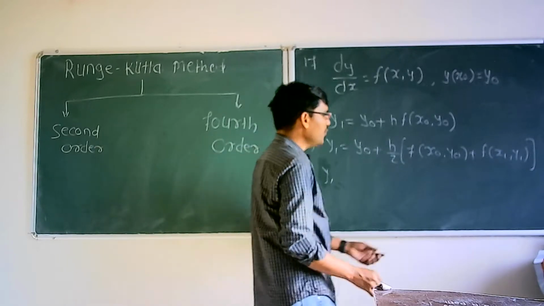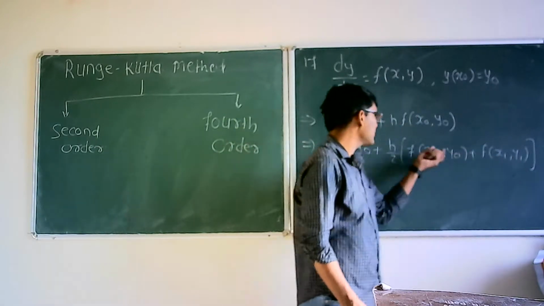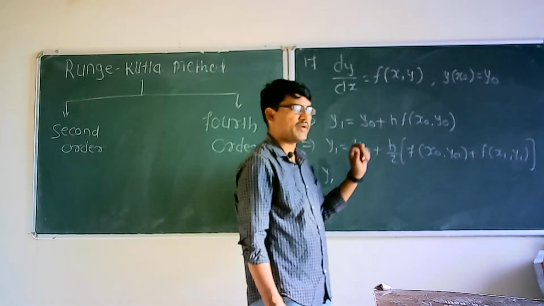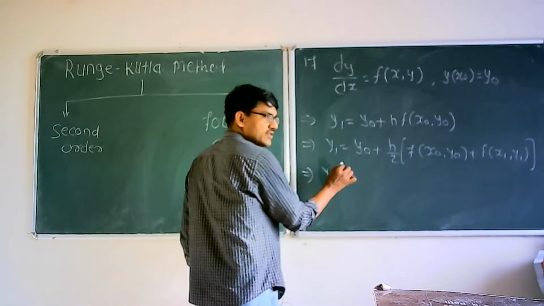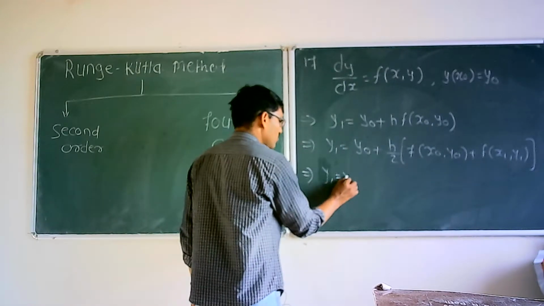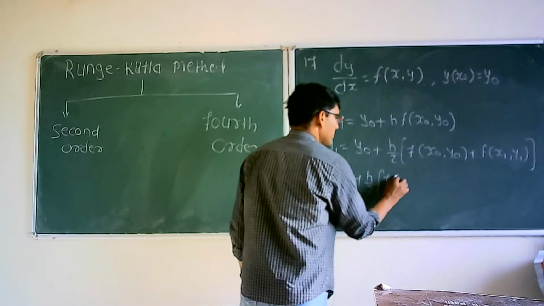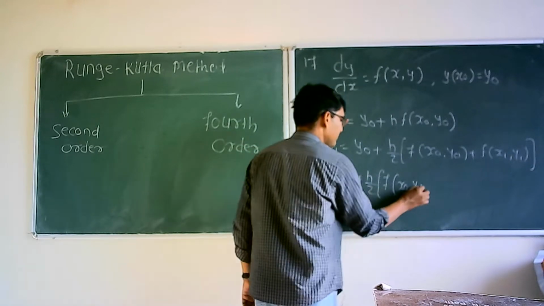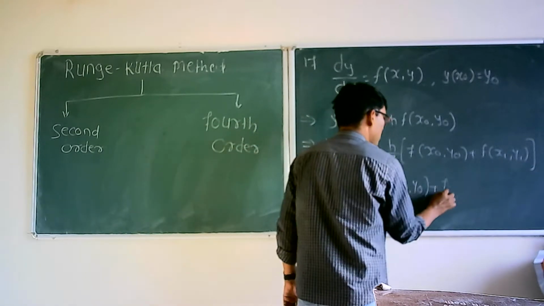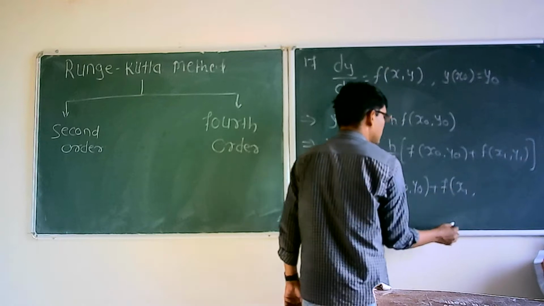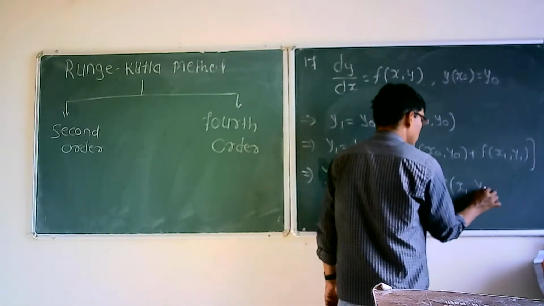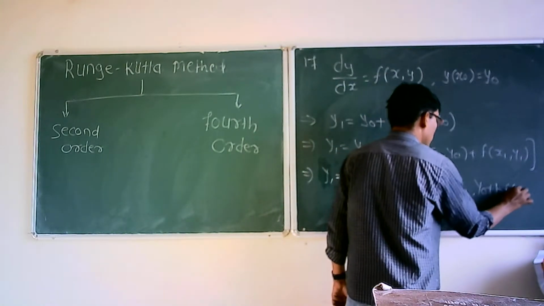If we put value of y1 is equal to y0 plus h f of x0 y0, then y1 is equal to y0 plus h by 2 times f of x0 y0 plus f of x1 y1, where y1 is y0 plus h f of x0 y0.